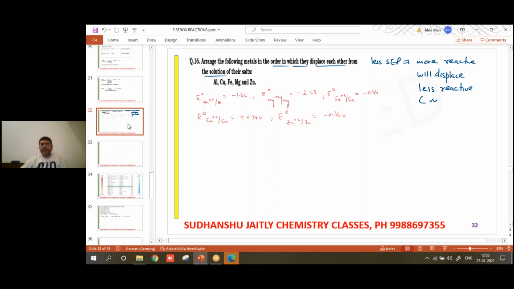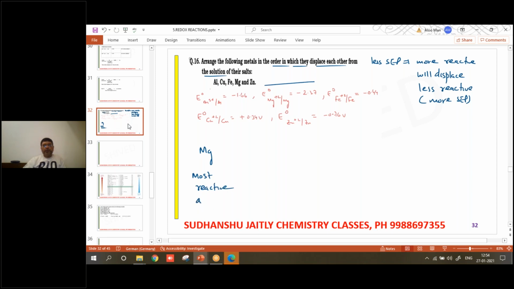Less reactive मतलब more SEP. तो बच्चों यहाँ पे रिडक्शन पोटेंशियल has been provided. सबसे कम रिडक्शन पोटेंशियल किसका है? Magnesium. Magnesium will be most reactive.